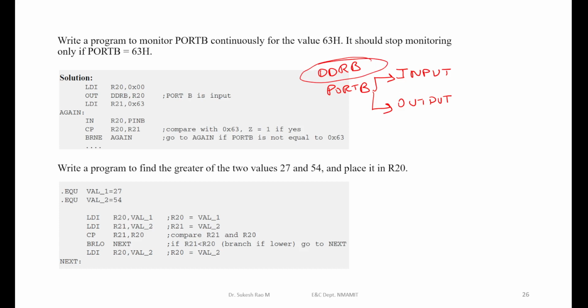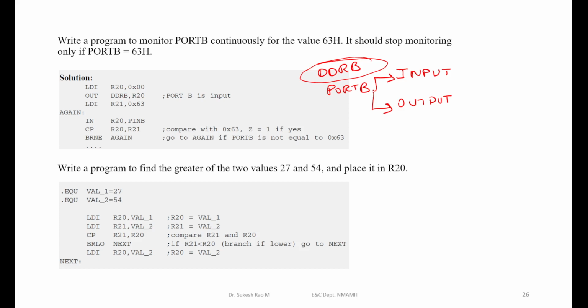Configuring it with 00 means all the port is made as input. So LDI R20, 0x00 loads the value 00, and then they load that into the register DDRB from R20. That means port B is made as input because the DDRB register content is 00.